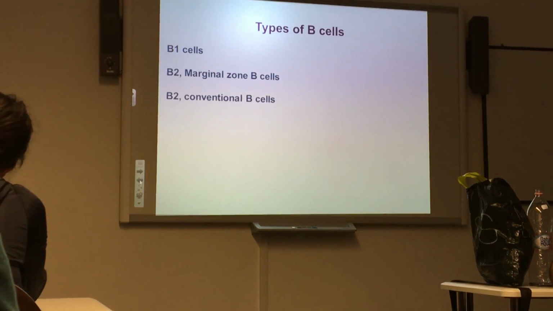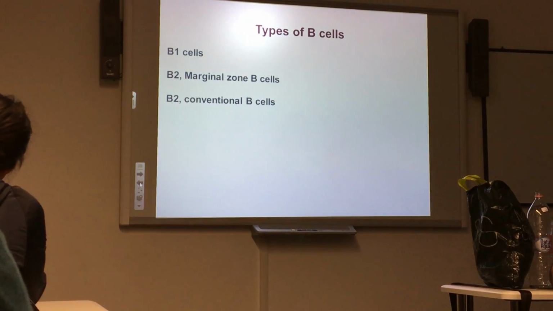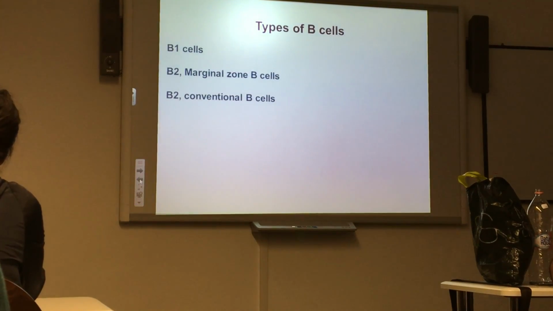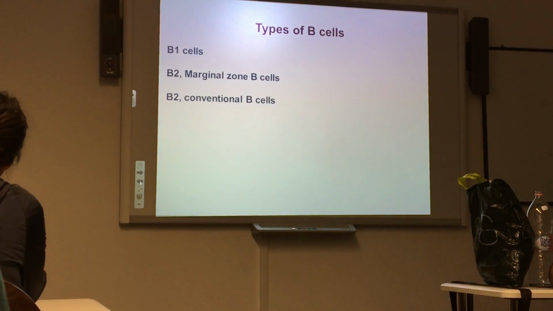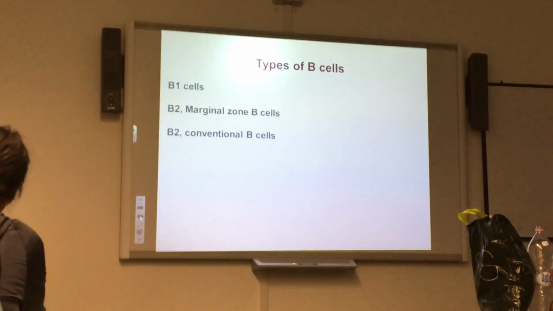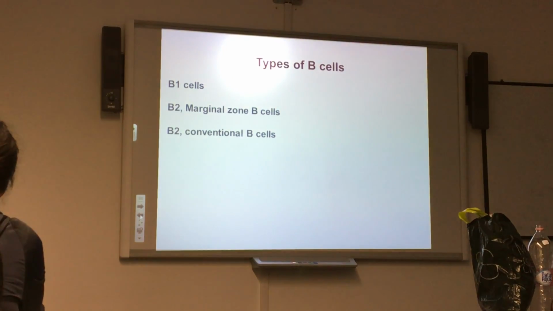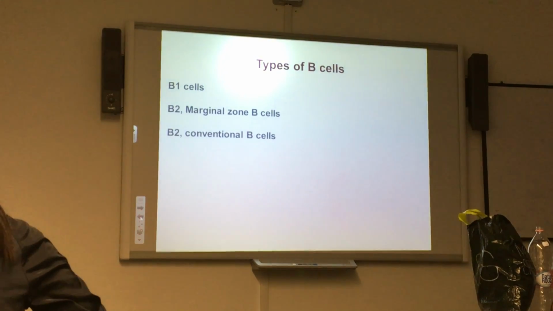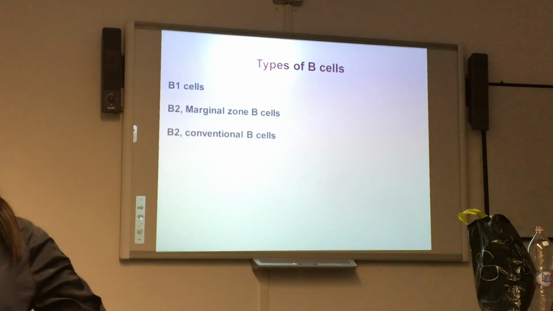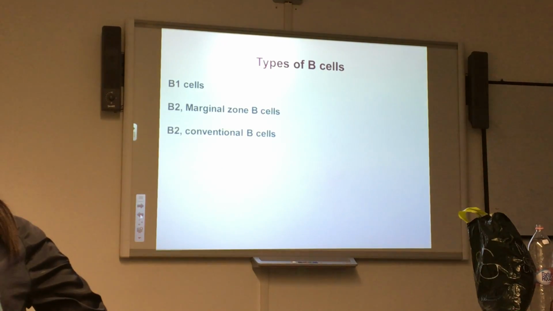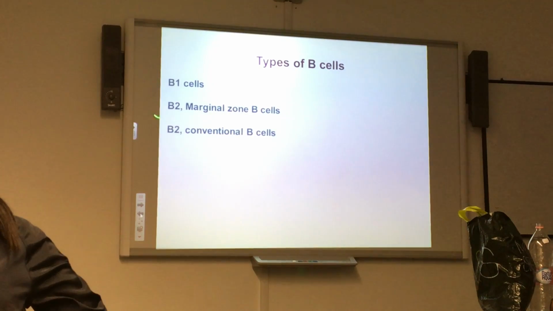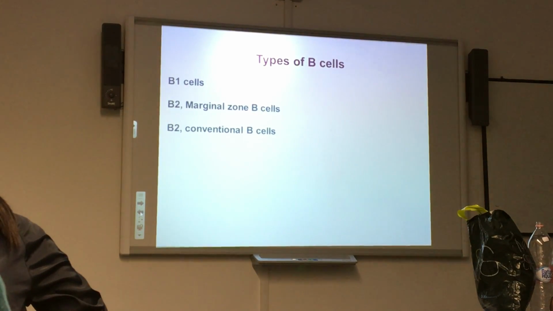Do you know what natural antibodies are? They are again PAMs. So these are not members of the adaptive immunity, but of the innate immunity. So B1 cells produce the natural antibodies.